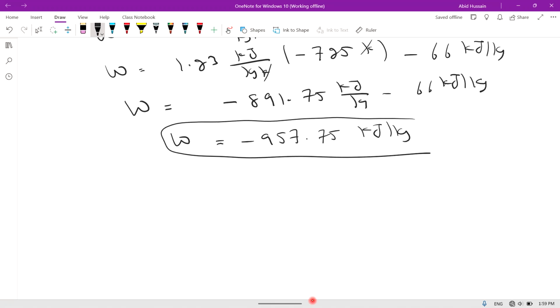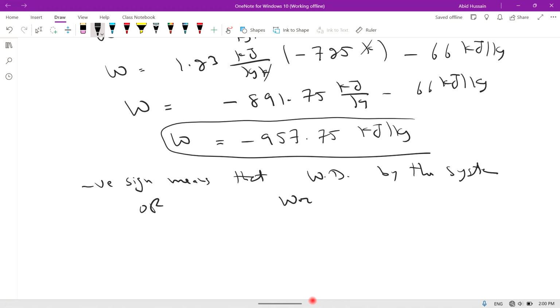Negative sign means that it is work done by the system, or work output, or work of expansion, and hence the problem 4.15 is completed.